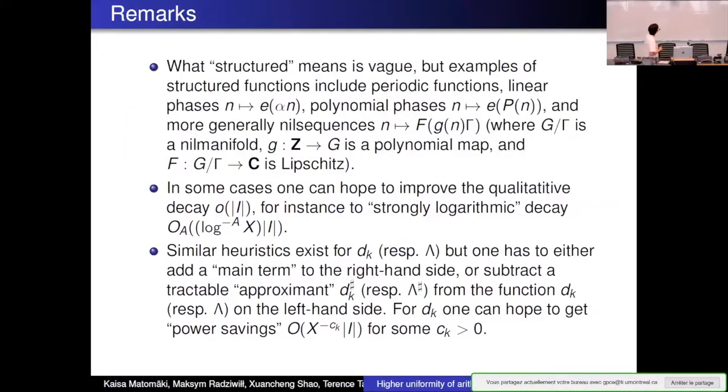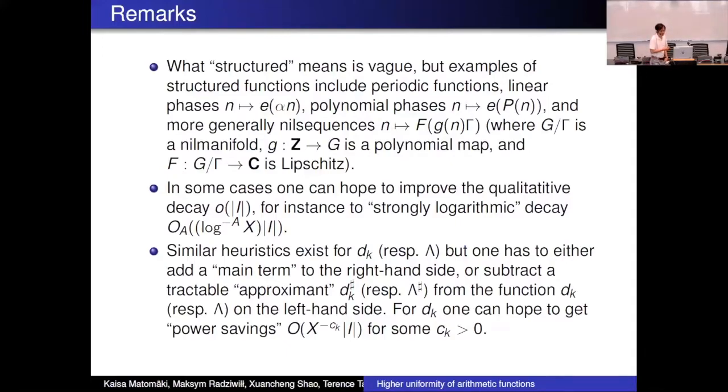I didn't define what structured means, so I'll just give examples of what I mean by structured functions. Periodic functions I would definitely consider structured. Linear phases, e(αn), where e(x) is of course e^{2πix}, we consider structured. More generally, any polynomial phase, for example e(αn²), I would consider structured.